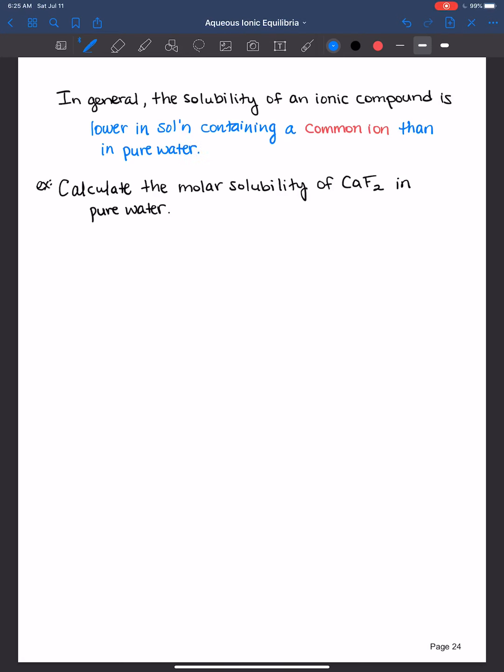And we're going to talk about why that is using an example. So let's continue on with calcium fluoride.